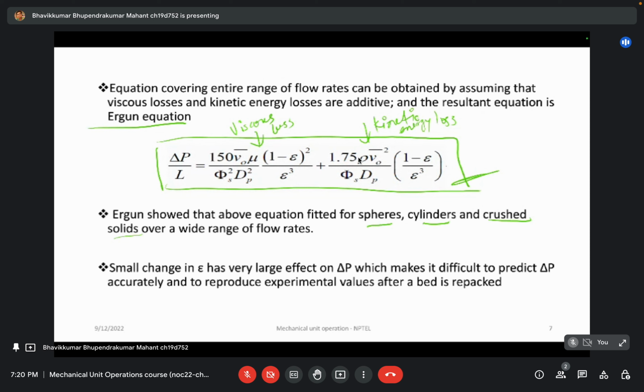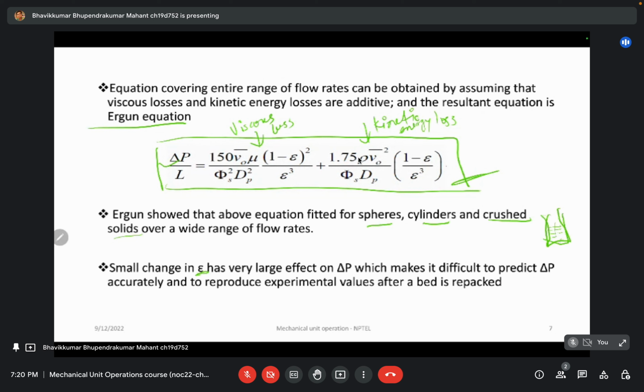You also need to consider one more important thing: if you make a small change in the epsilon value, it has a very large effect on delta P, which makes it very difficult to predict delta P accurately and to reproduce experimental values after a bed is repacked. You can design the packed bed, calculate the pressure drop and get the value.